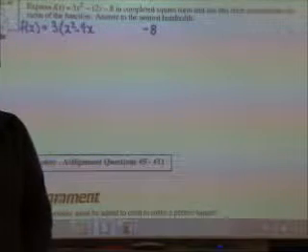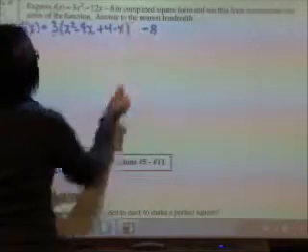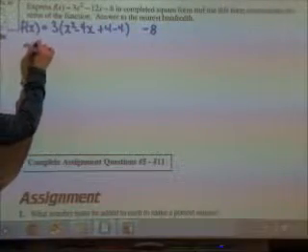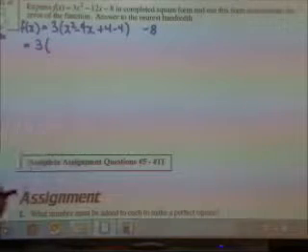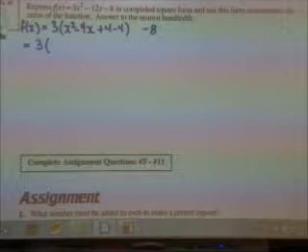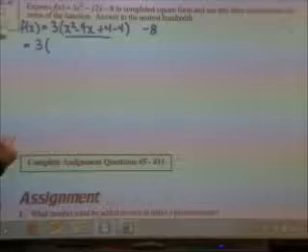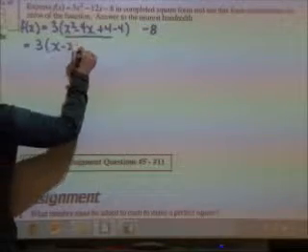Complete the square. So to complete the square, I take half of 4, which is 2, and square it. So I add a 4 and subtract a 4. Factor my perfect square to give me what? X minus 2 squared.